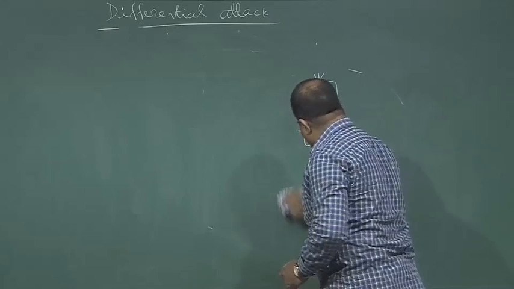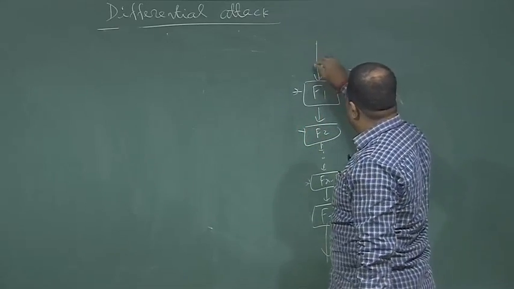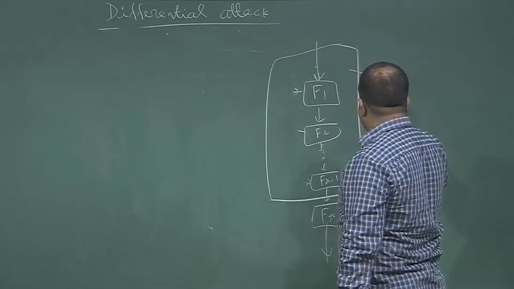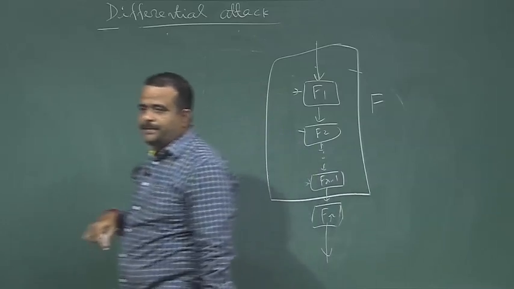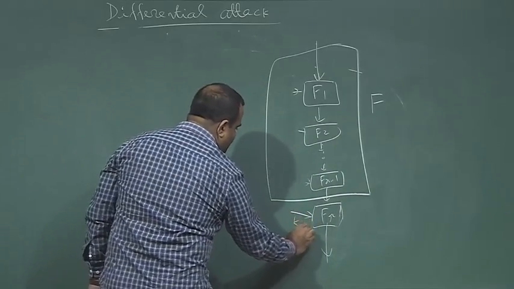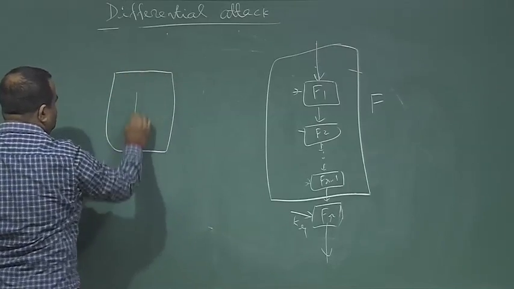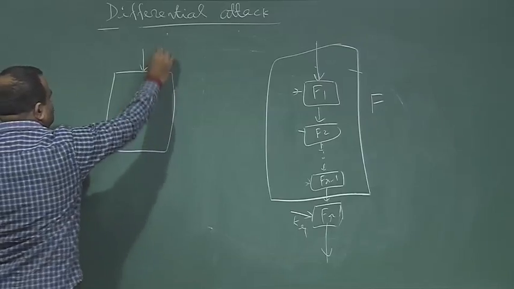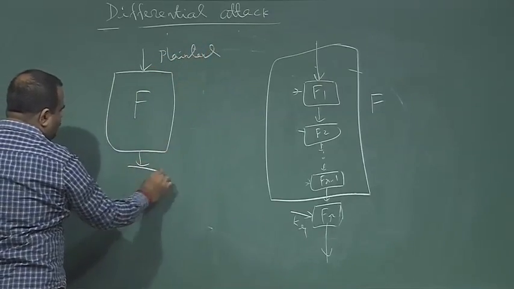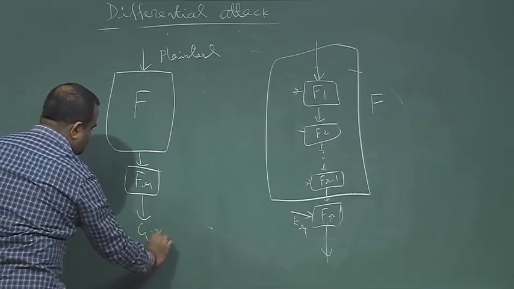Suppose we denote the part up to round r minus 1 as the capital F function, and the rth round has the key kr. So, this is the ciphertext. Basically we have an F function which takes the plain text as input, followed by the last round Fr, and we get the ciphertext.